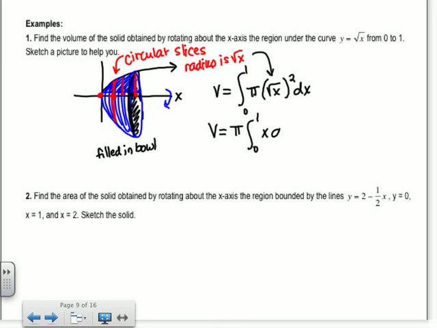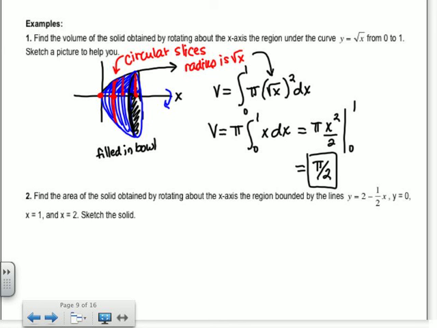So it's just x dx, which is pi x squared over 2, going from 0 to 1. So what do we get? 1/2 pi, or pi over 2. Good.